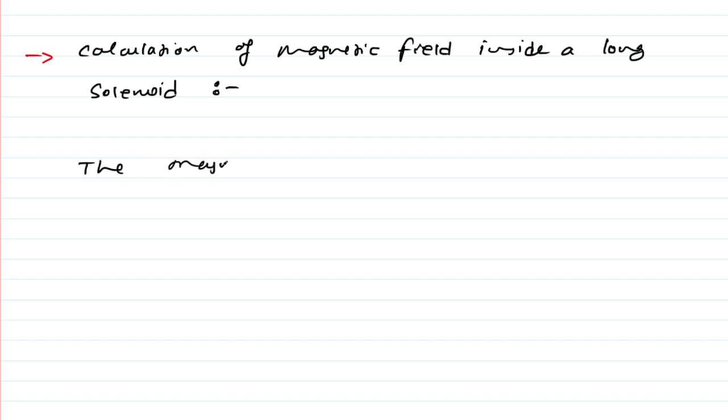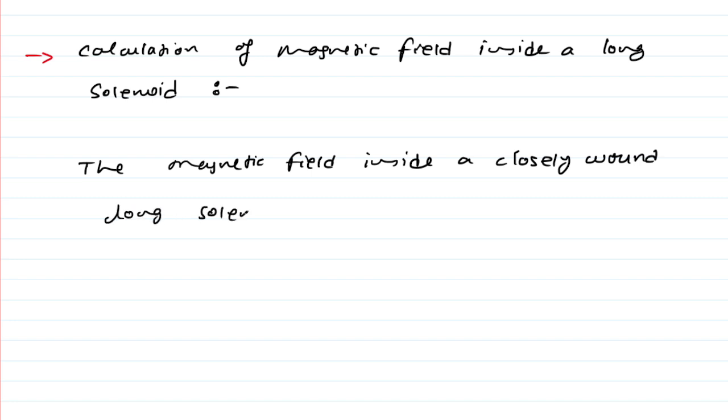The magnetic field inside a closely wound long solenoid is uniform everywhere, and zero outside.